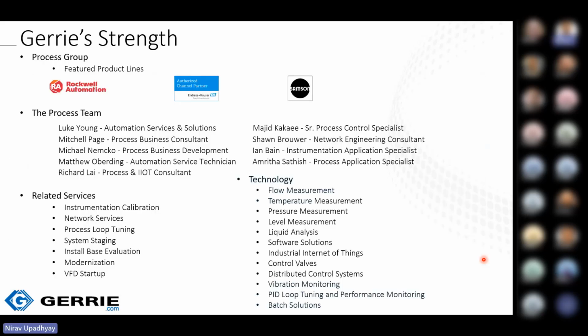So now let's talk about how Gary can solve your process needs. Gary Electric is pleased to provide a complete process control solution, scalable for any size application, through our process group and our system integrator network. Gary Electric is proud to be a distributor and service provider for instrumentation and control valves through our partnership with Endress+Hauser and Samson Valves.